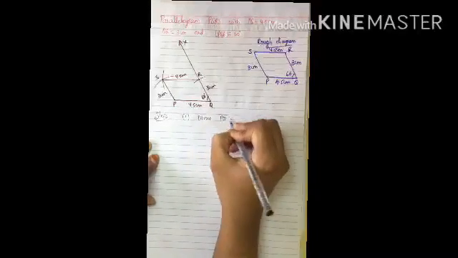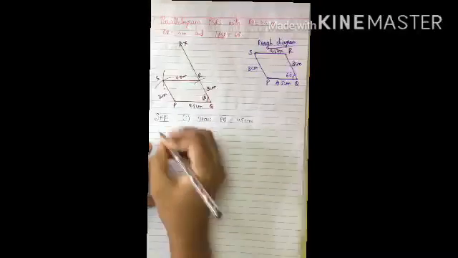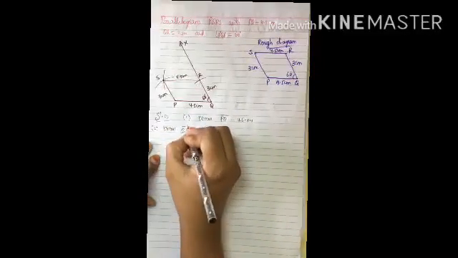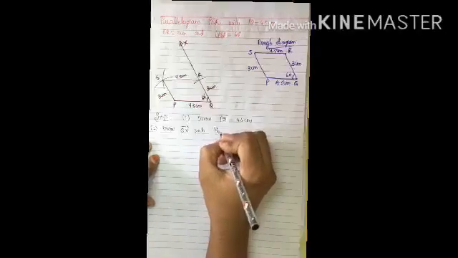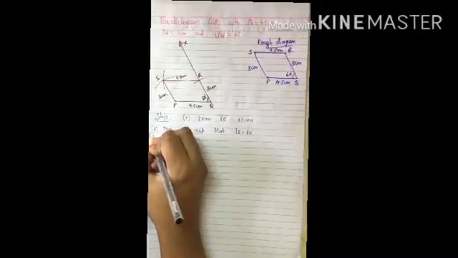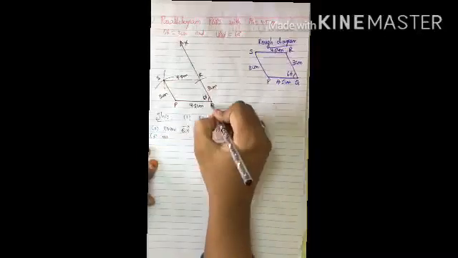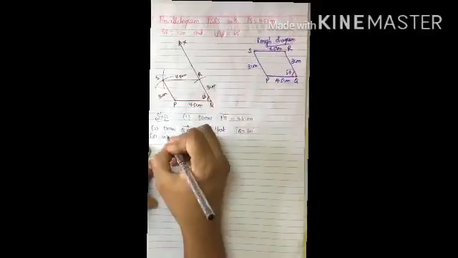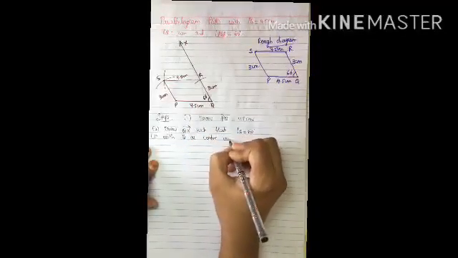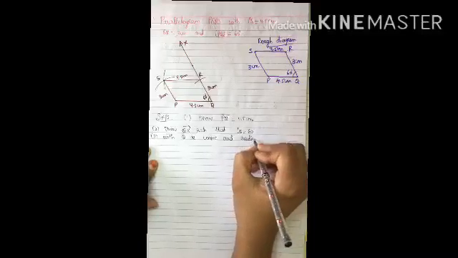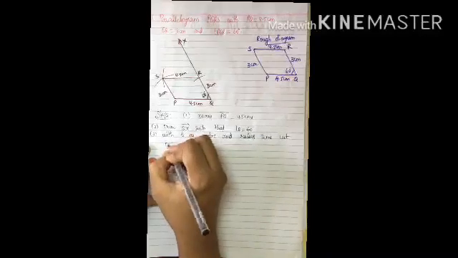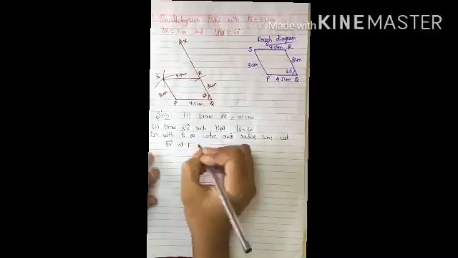draw PQ line segment 4.5 centimeters. Next, draw ray QX such that angle Q equals 60 degrees. Next, with Q as center and radius 3 centimeters, cut ray QX at R. Okay.